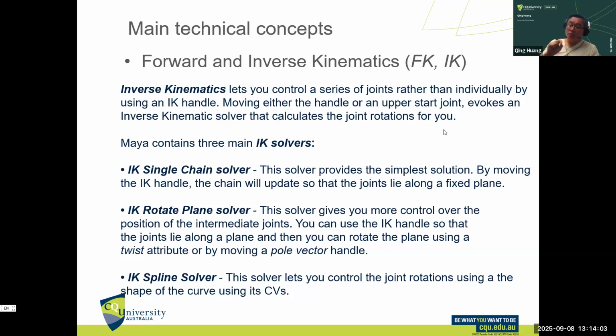You just need to control one handle at the end joint, and the rest of the joint chain will act respectively, automatically. That's why they call it a solver. It has three kinds: a single chain solver, a rotation plane solver, and a spline solver. The definition is here, as you can read.